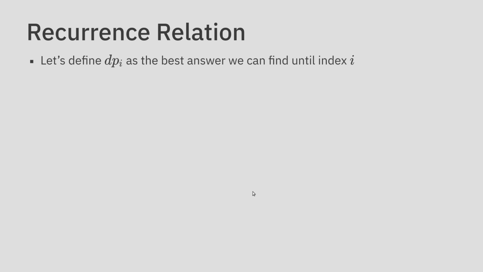Let's define dp[i] as the best answer we can find until index I. Then dp[I] will be the maximum value we can take over two choices. The second one is not considering the ith element in any subarray, and the first one is considering the ith element in a subarray starting at index j, which is less than or equal to I.